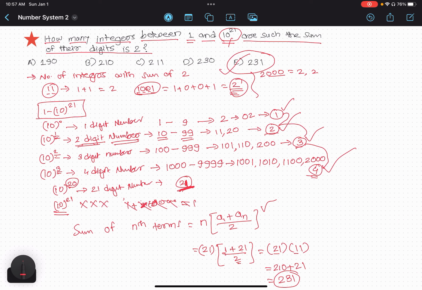So this is the way to solve this question. I hope everyone understands this and solves these questions faster in the future. It is always good to practice, and that's how you become fast. Thank you very much, and best of luck for your exams.